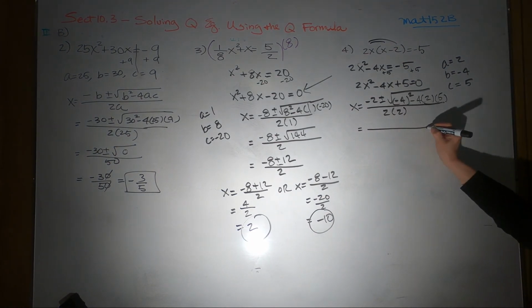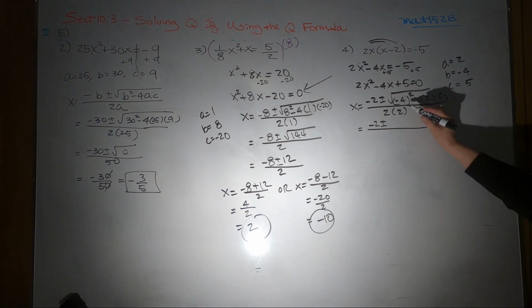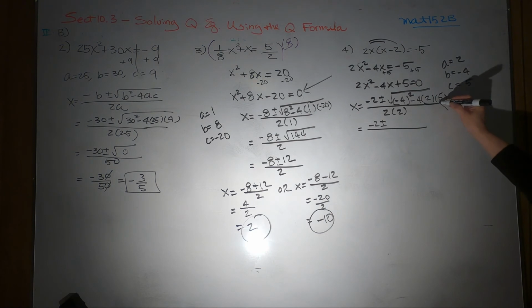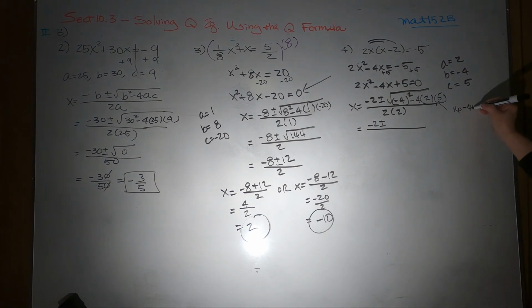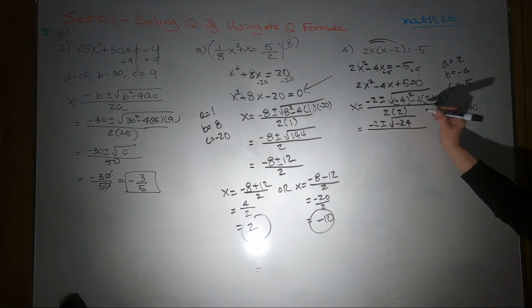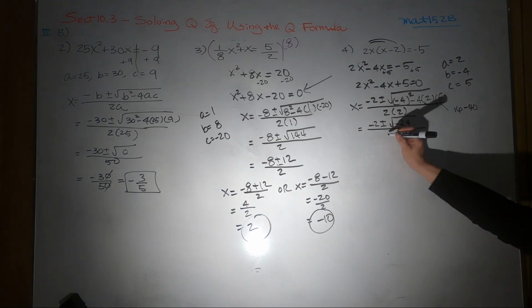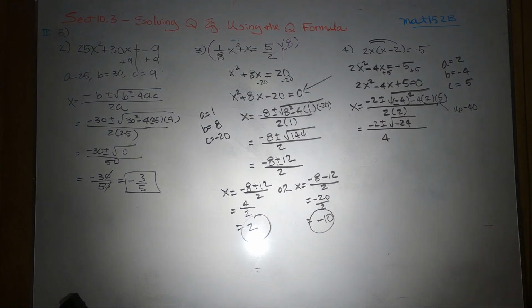So what do we have? 4 plus or minus. Let's see. That's 16. 4 times 2 is 8, times 5 is 40. 16 minus 40 is what? Negative 24. Right? Over 4. Then, how should we answer the question?